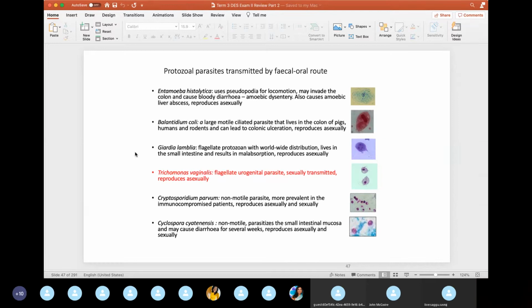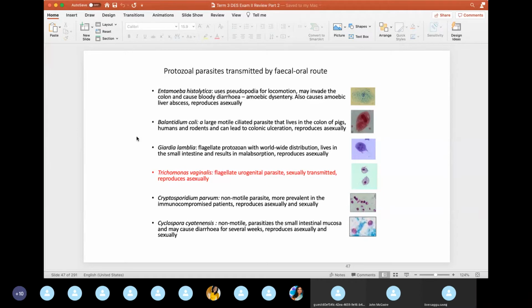So for each, know the image. What do they use for locomotion? The general characteristics, the disease that they're causing, and whether they reproduce sexually or asexually. Let's summarize again one by one so that we can have a clearer image. What's important?